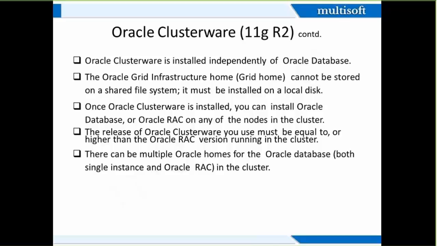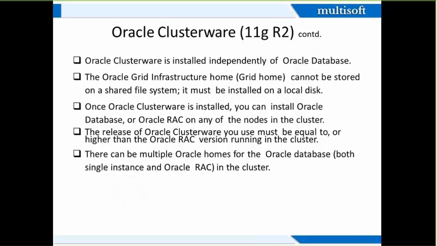Once Oracle Clusterware is installed, you can install Oracle database. The same I have explained: first the Oracle software is installed, thereafter the database will be installed, or Oracle RAC on the nodes in the cluster. The release of the cluster must be equal. Whatever clusterware version you are going to use must be equal to or higher than the database you are going to install.